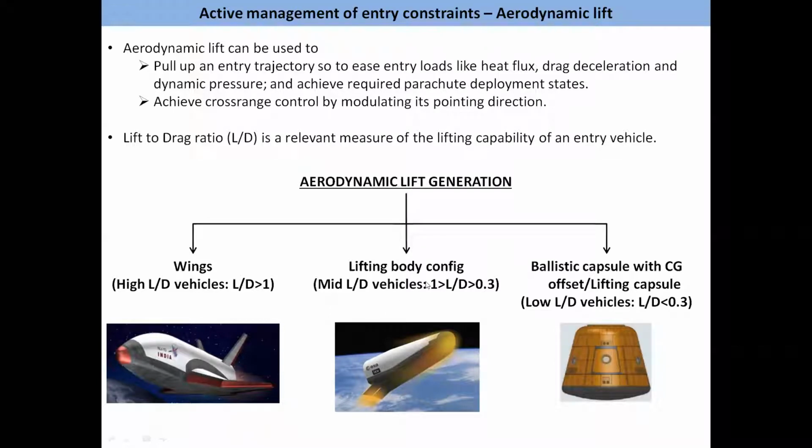Then you have the lifting body configurations, which have mid-level L/D ratios, and then you have the ballistic capsule with the CG offset. That is, you distribute the mass within the ballistic capsule in such a way that it trims at a non-zero angle of attack, which naturally gives it a certain amount of lift, but such vehicles have very low L/D ratios of less than 0.3.